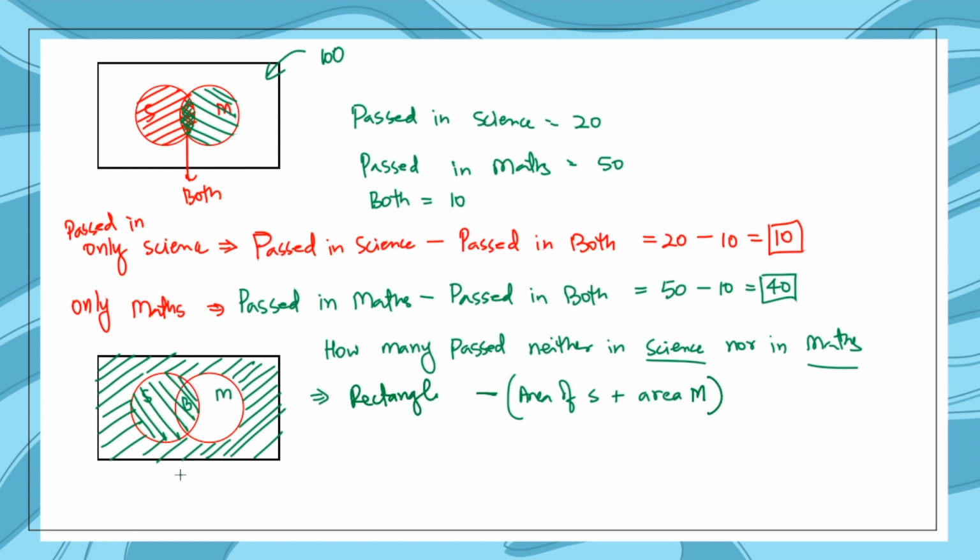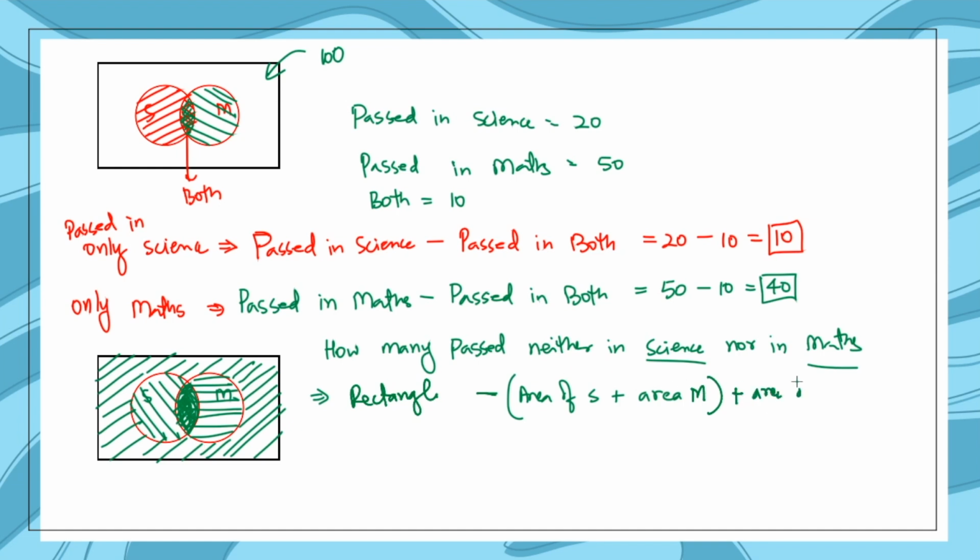And when you subtract M, again you are subtracting this whole region. Now in this whole thing, you have accidentally subtracted this central region 2 times, right? So the answer will be wrong in that case, because you should not subtract something twice. What you wanted is total minus this outside thing. Now in that, this central thing is subtracted 2 times. So to correct that, we have to add that part back.